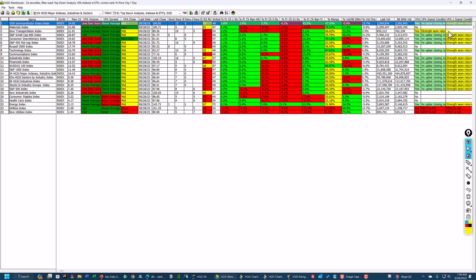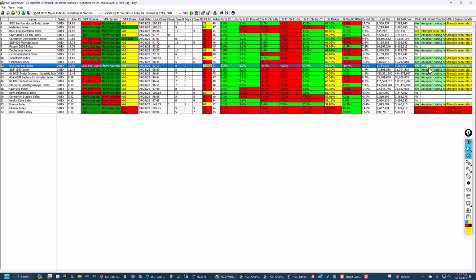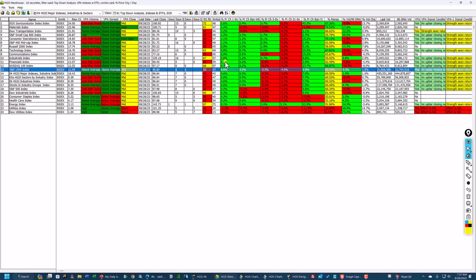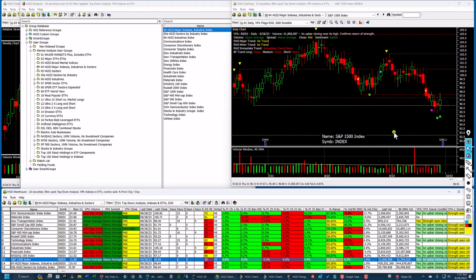And what are we getting over here on the VPA signal conditions? We're getting a lot of the same things. An up bar closing near the high. Let's do the broadest market, the S&P 1500. Double click on it, get this out of the way, and you can see that we're getting signals here also.